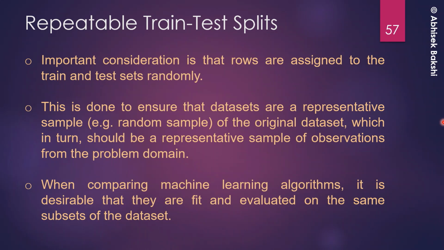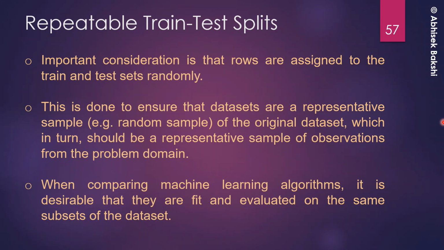And not only this, but also when among these lakhs of data, when you are dividing the data set into train and test data, you must ensure that the distribution of the train data and test data remain almost the same. What does it mean?